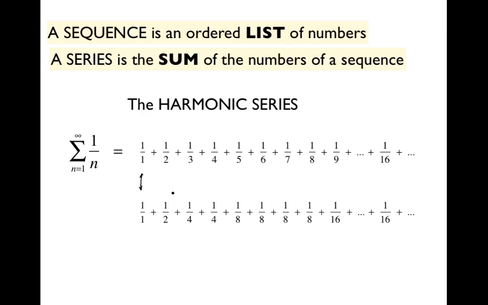Now I want to group these three together right here. These three together equal what? Those equal 1. Is this sum greater or less than those added together? So I got 1/2 plus 1/3 plus 1/4 versus 1/2 plus 1/4 plus 1/4.